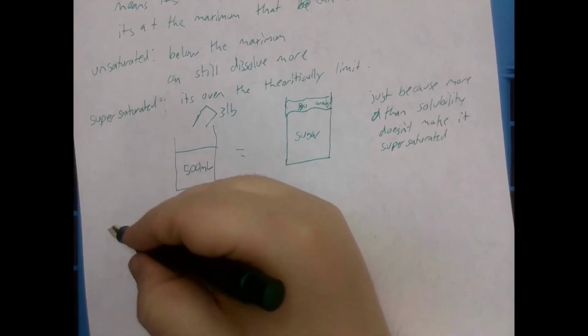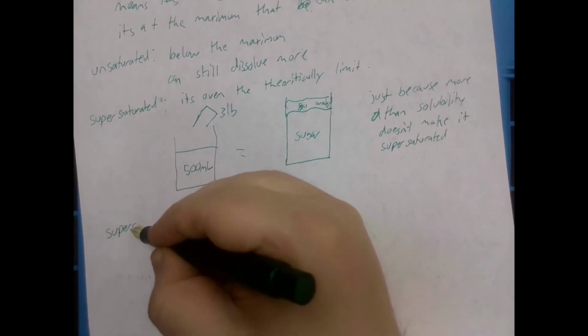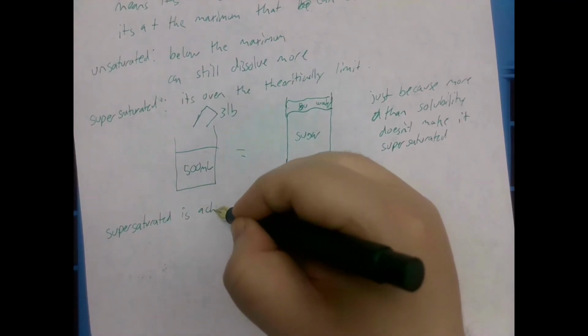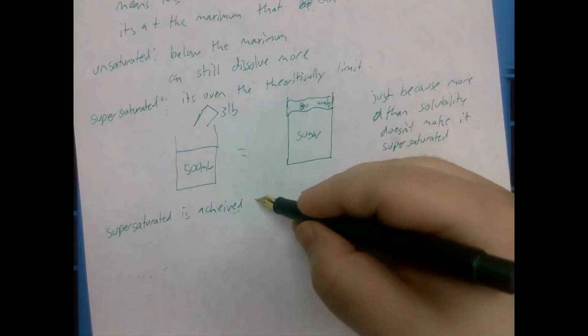So how do you make something supersaturated? Well, you keep putting stuff in.